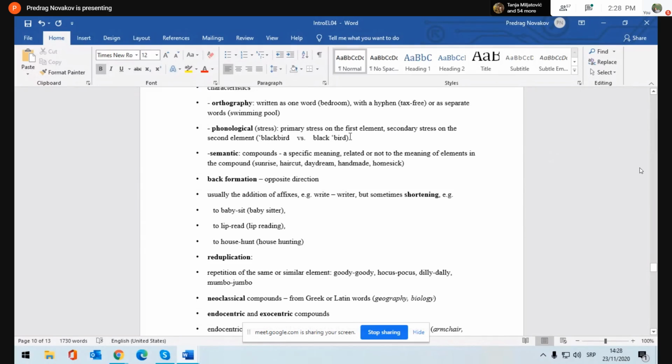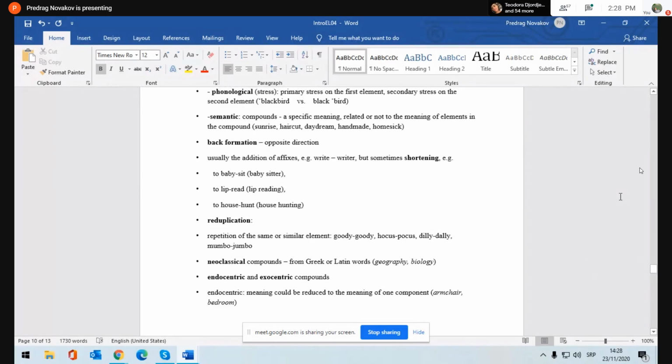Okay, phonological characteristic is related to stress. Remember when we talked about phonetics and phonology, we discussed primary, secondary, even tertiary stress. Okay, now the rule is with compounds that primary stress is on the first element, secondary stress on the second element. So if you compare 2 words in brackets, blackbird is a compound. How would you translate this one?